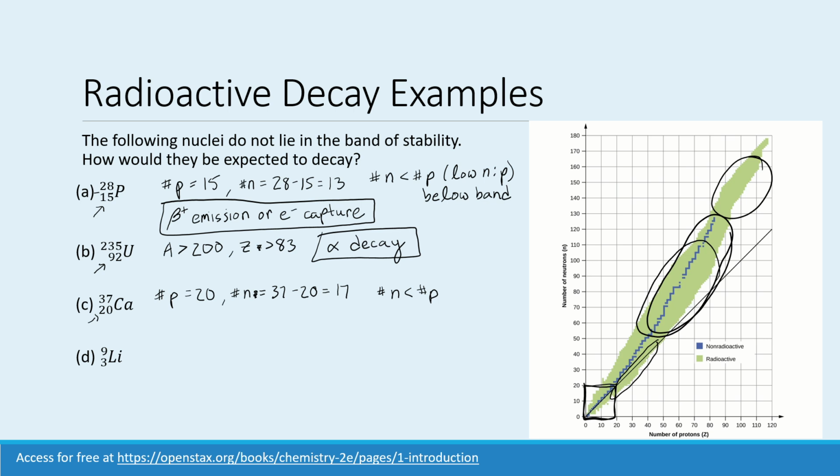So if the number of neutrons is less than the number of protons, that means you've got a low neutron to proton ratio, and that means you're below the band. So we're looking at either positron emission or electron capture.